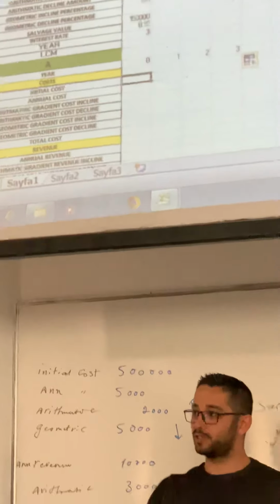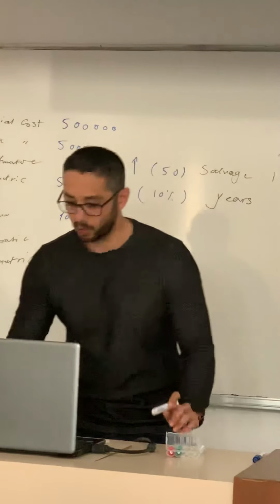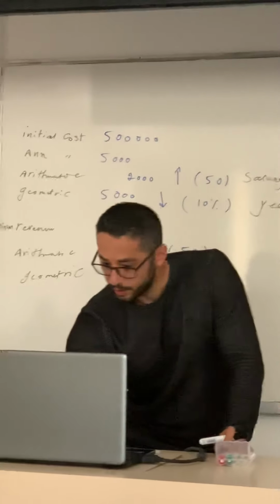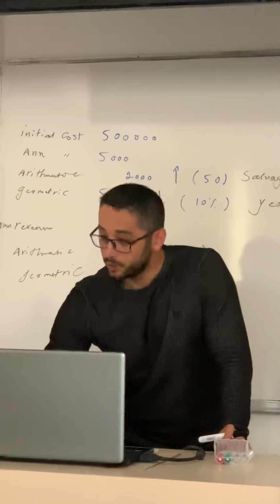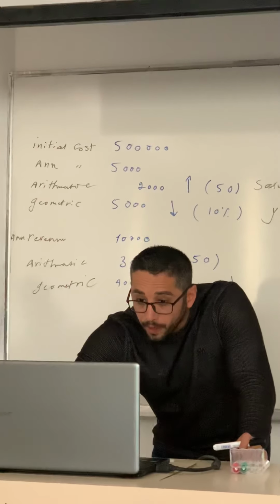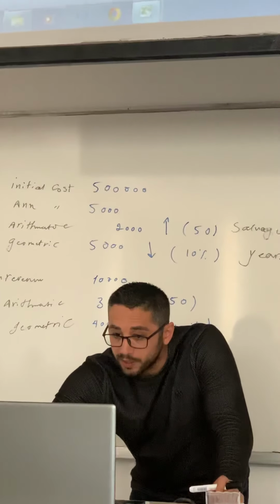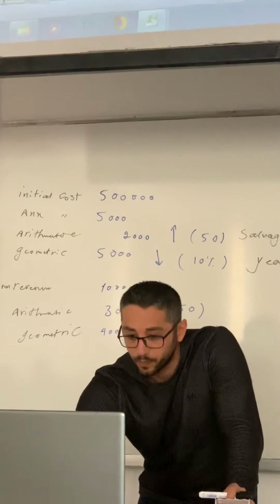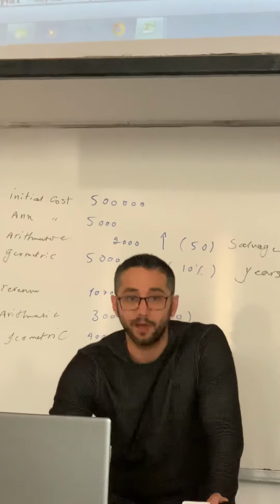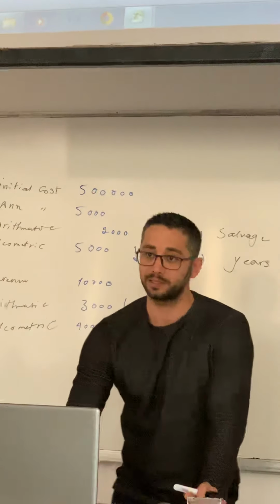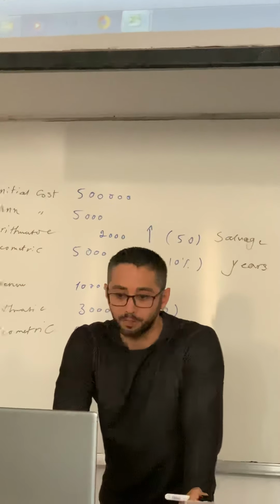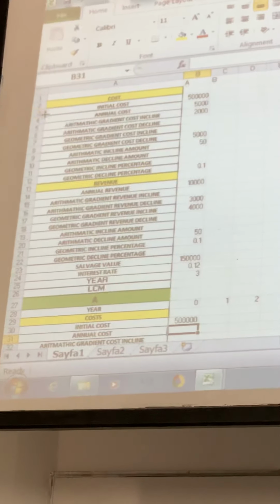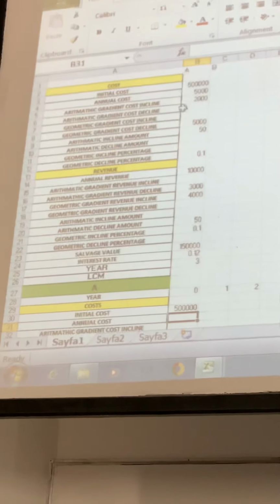So we just assign equal to, what is the initial cost? 500, that is B3. So no more numbers, just cell coordinates, B3: row 3, column B.